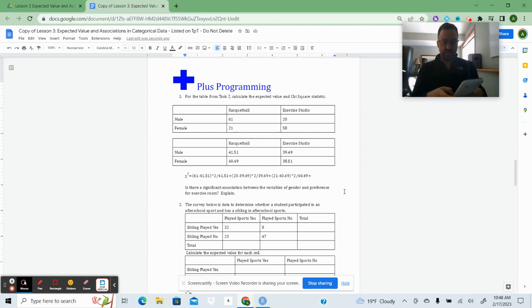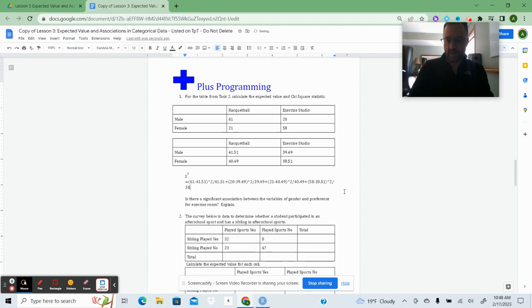So 21 minus 40.49 squared divided by 40.49 plus, and then our last part of it is going to be in parentheses 58 minus 38.51 squared divided by 38.51, and all of that is going to equal, when we do this, let me just get that last piece in my calculator, 58 minus 38.51 squared divided by 38.51, and then that gives us 38.01.